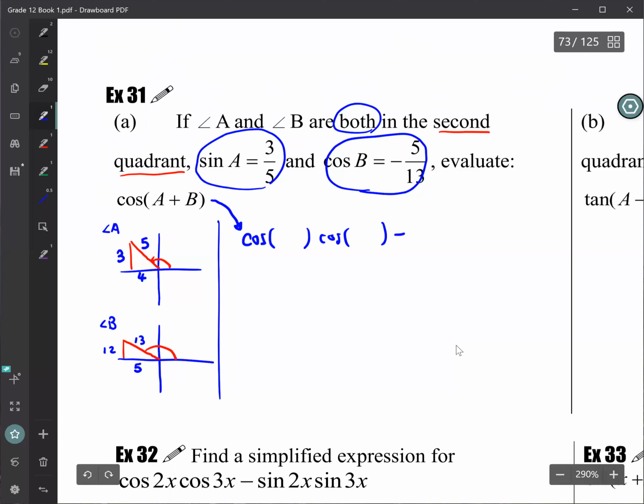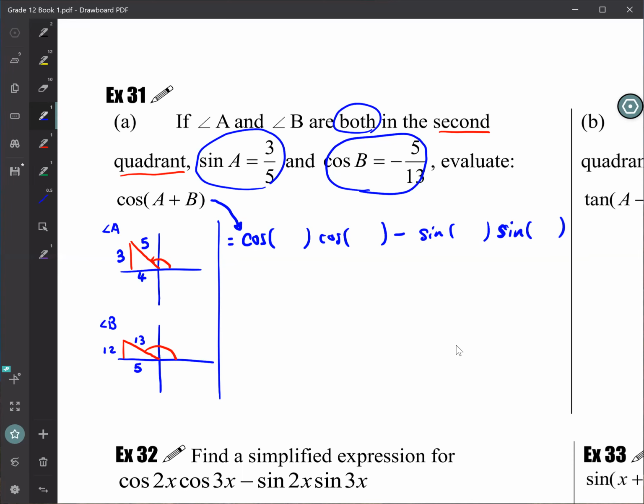Yes, okay. Change, sine. And what do we put in the brackets then? Yeah, what do we put inside the brackets?